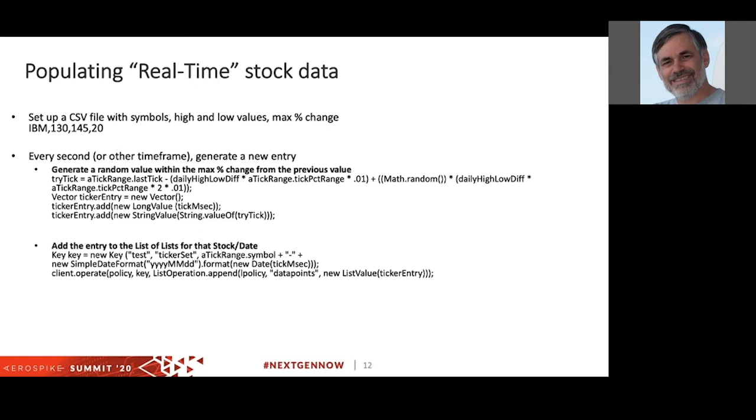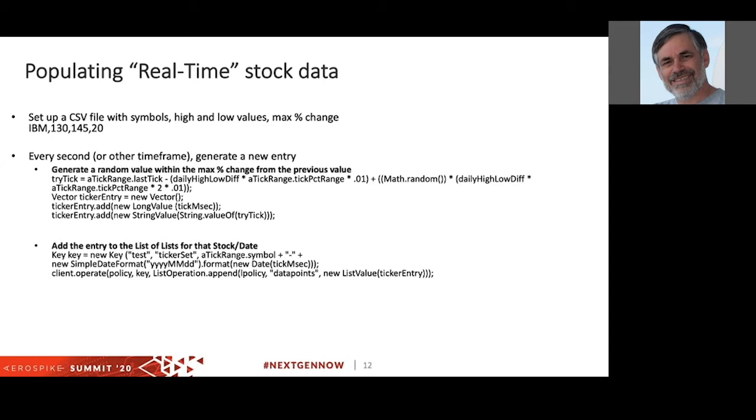Also, what we did for populating real-time stock data, and I put the word real-time in quotes. If you've taken any computer science classes, you know real-time has a specific meaning in computer science, so I need to put it in quotes. For us pedestrians, real-time is different. I set up a CSV file with stock symbols and high and low values and a maximum percentage change.